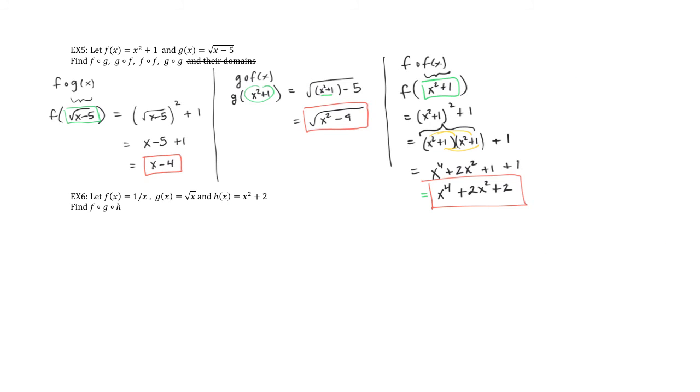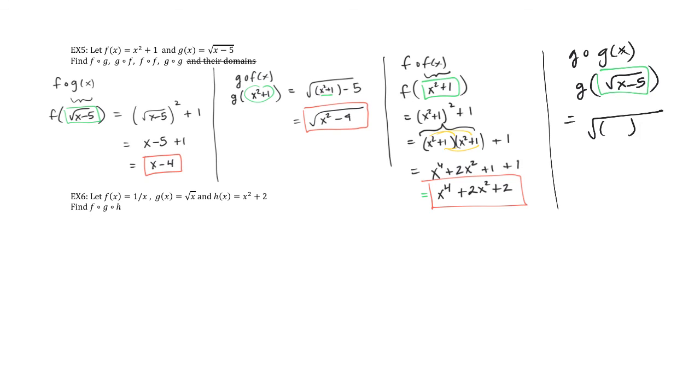Okay, we're almost done. We just need to do g of g of x. My g of x output is square root of x minus 5, and I plug that in as my input now. What g does is it square roots my input minus 5.